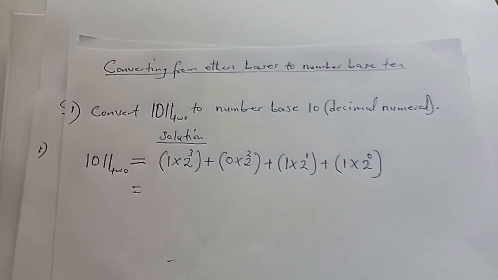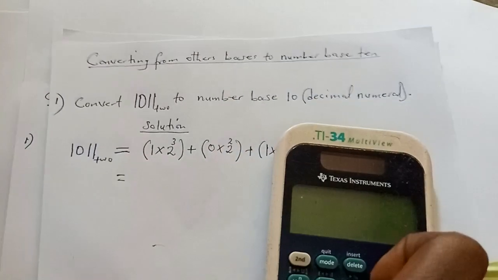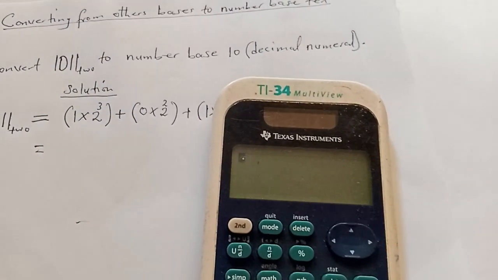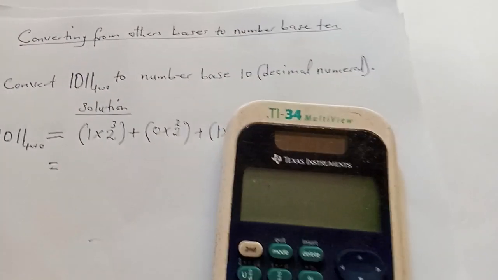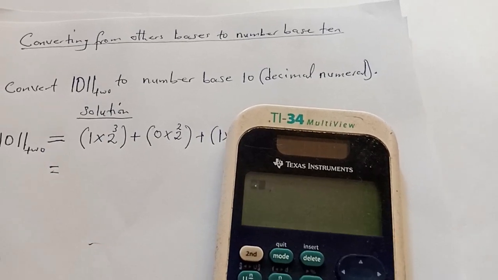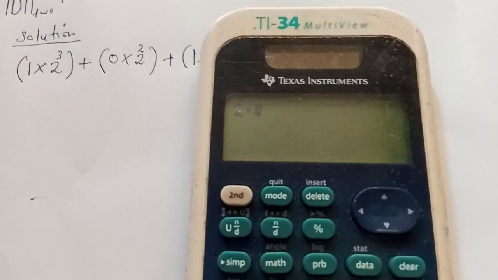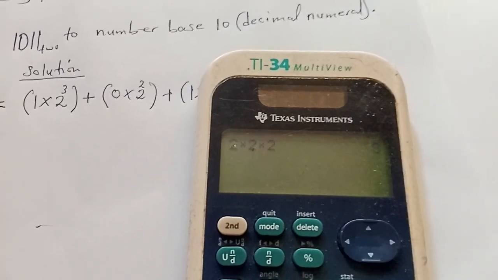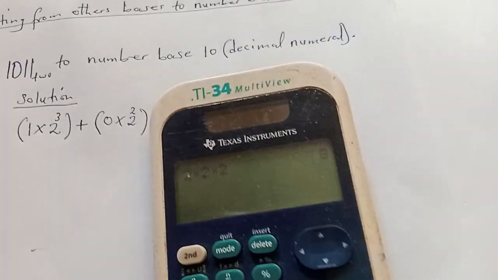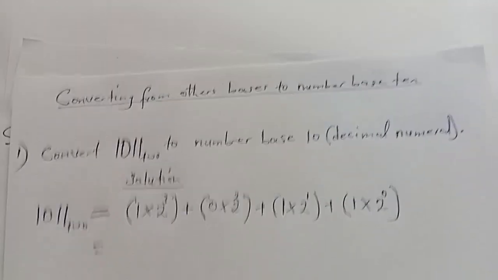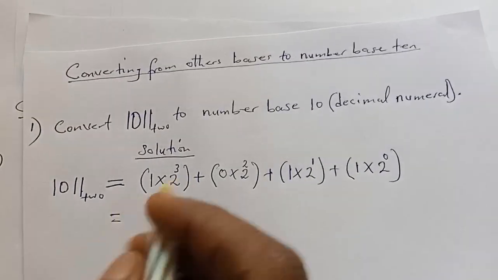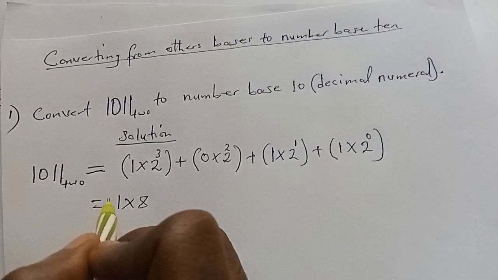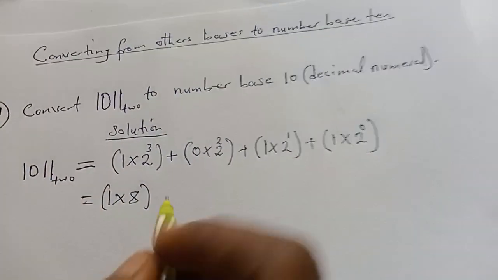But if you don't know that, it's just like putting in 2 three times: 2 times 2 times 2 gives you 8. So you can say 2 to the third power is 8. So we just have 1 times 8. We're there, if you know this side.